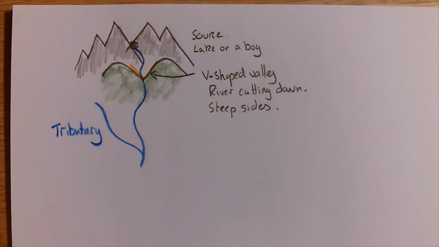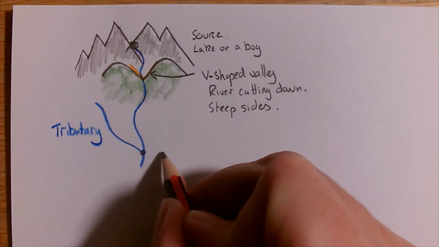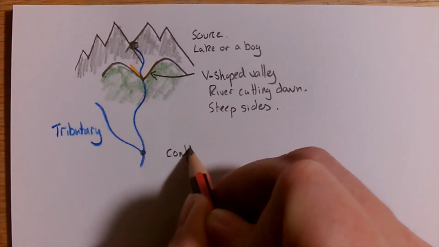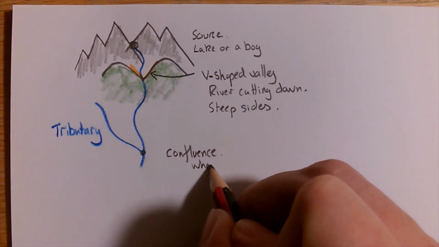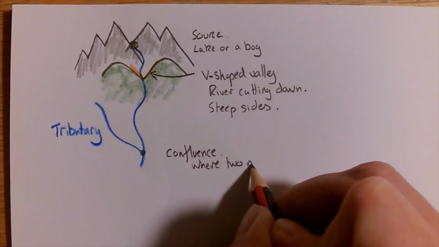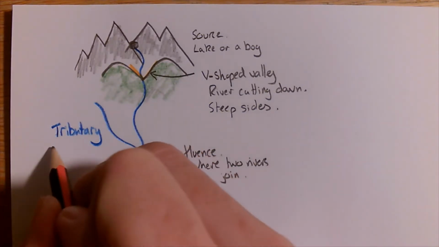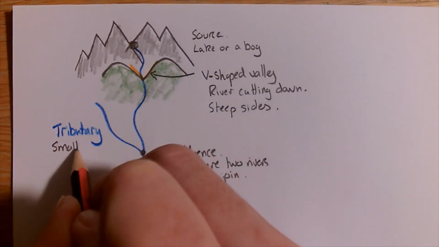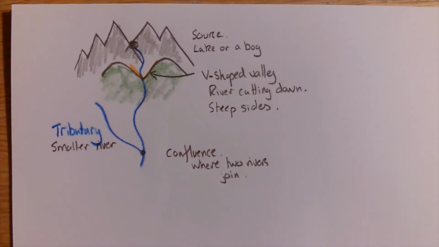And where a tributary and the main river join, this is called a confluence, where two rivers join. Tributary, smaller river. So that's what's happening up in the higher areas where our river starts its life.